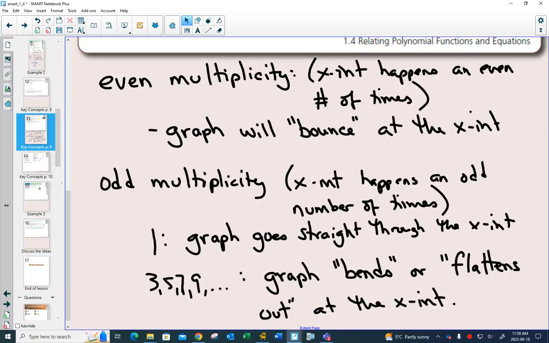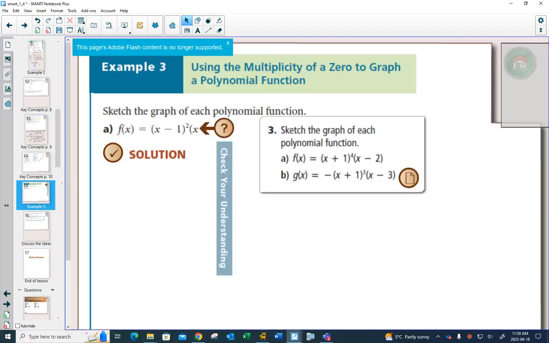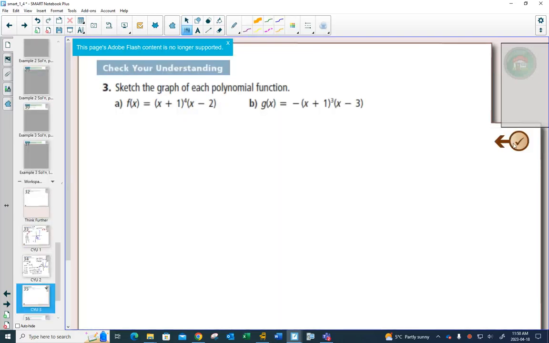And if we go to example 3. We're almost done this unit. That's crazy. Okay? Example 3. For these ones with multiplicity, usually they give them to you already factored. So life is even easier. Your end behavior is a little bit harder though.